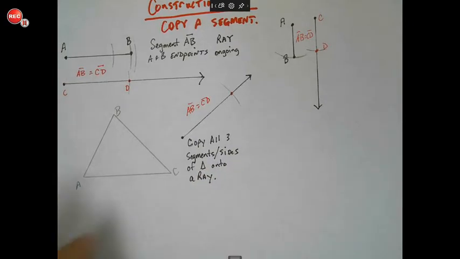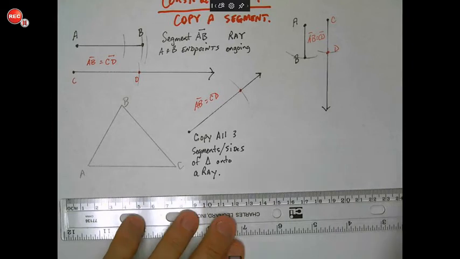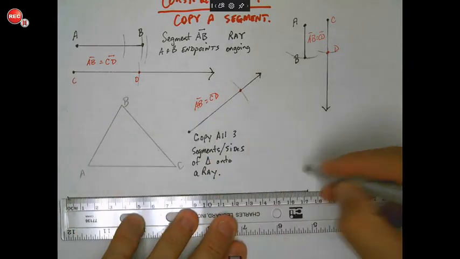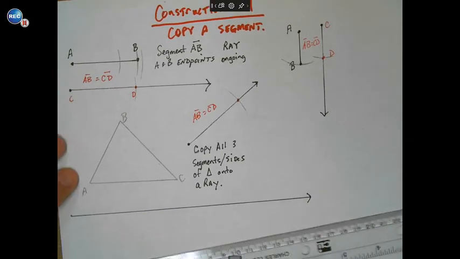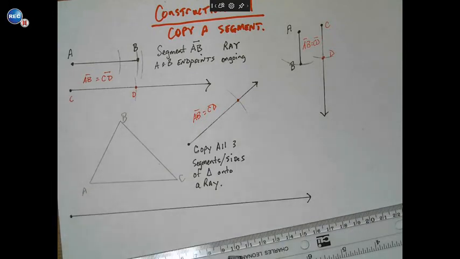And not three different rays, but one ray. So I'm going to make a long ray down here. And I'm going to copy ABC, each segment, onto this ray.